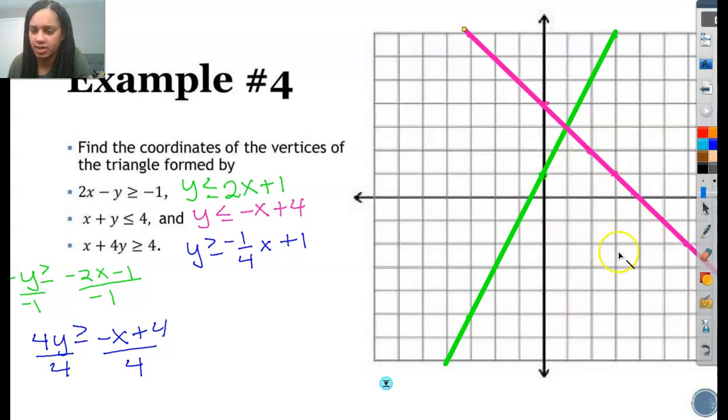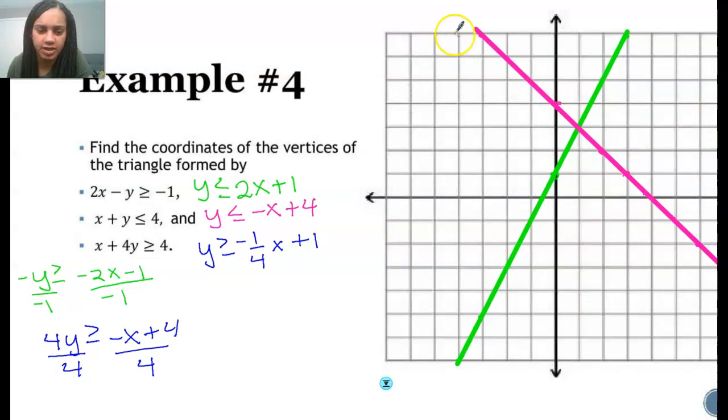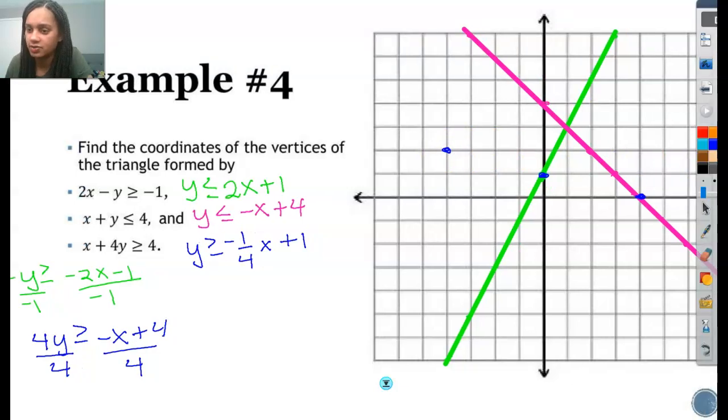So far we're looking at this region here, and then let's go ahead and finish up with that blue graph. I'm going to start at 1 again, and my slope is negative 1/4, so down 1, right 4. And because I know what I'm looking for, which is the edges or the vertices of this triangle, I'm not going to extend that all the way.